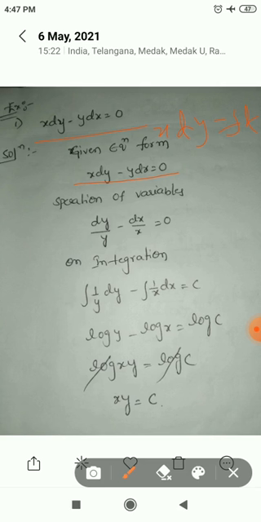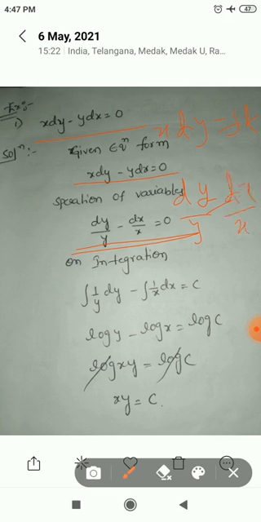Here y and x are mixed terms, so we interchange the variables. That is, we will get dy by y minus dx by x equals 0, which we can also write as dy by y equals dx by x.